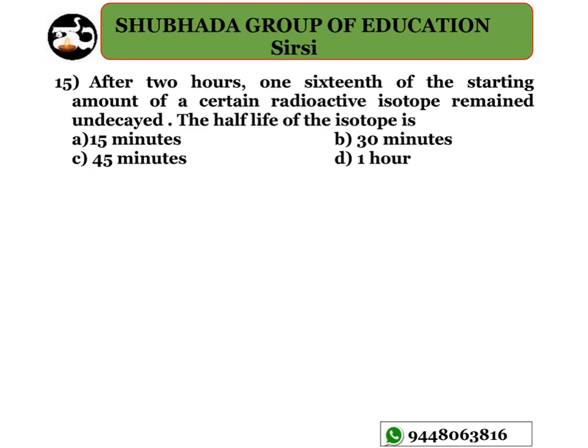After 2 hours, 1/16th of the starting amount remains undecayed. In the same way, 1 by 16 is remaining, that is equal to 1 by 2 to the power of t by t half, right? So now t is nothing but 2. The question is to find out the t half.